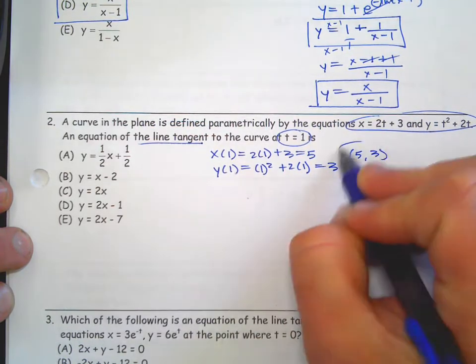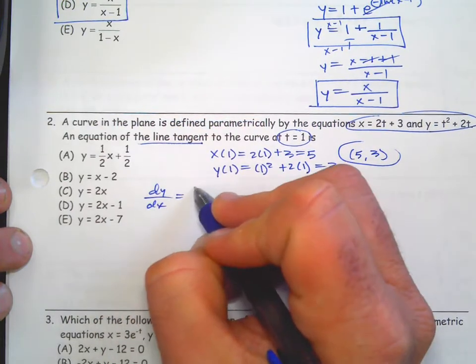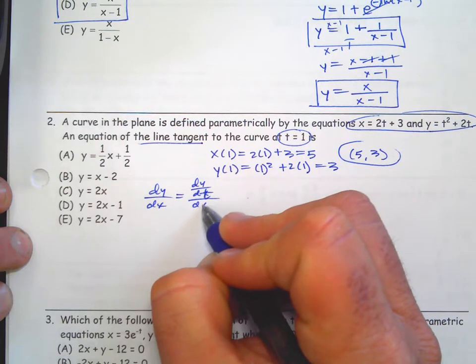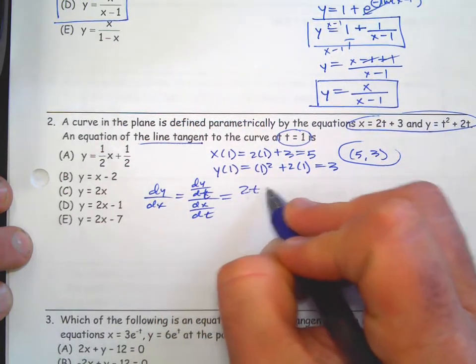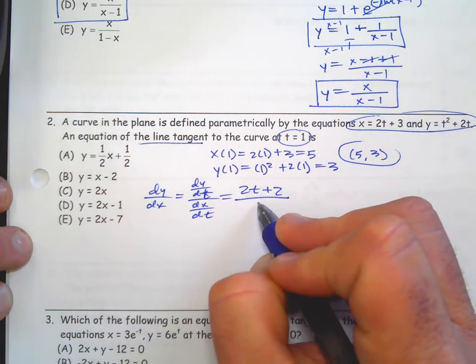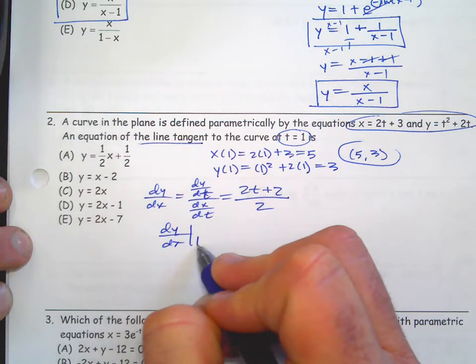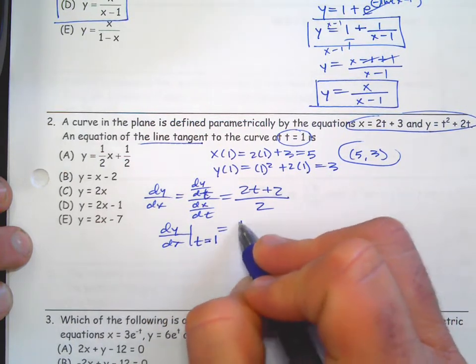But then we need the slope, dy/dx, which is going to be dy/dt over dx/dt. And so dy/dt would be 2t plus 2, and dx/dt would be 2. So then we're going to plug t equals 1 in there. And we get 4 over 2 is 2.